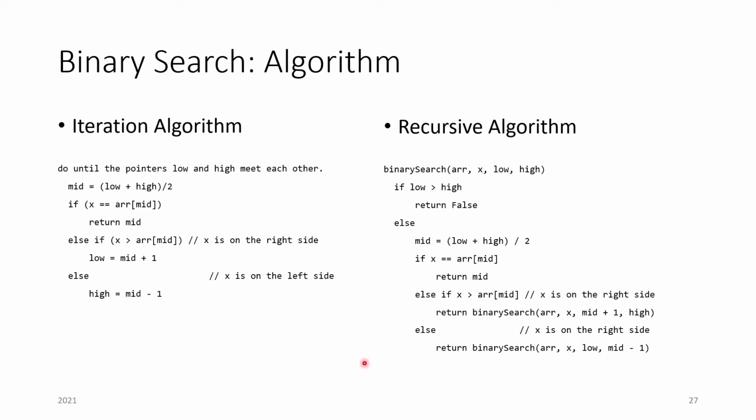But it's very helpful to know both, because they may say, for this particular application, we need to use a recursive implementation of binary search, or for this one, we need the iterative version. Both can be advantageous in certain situations.